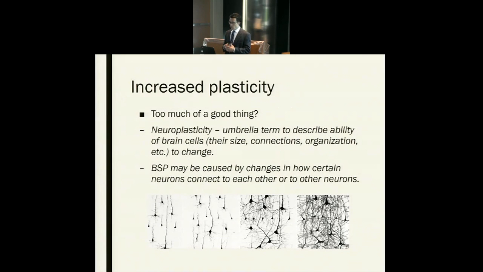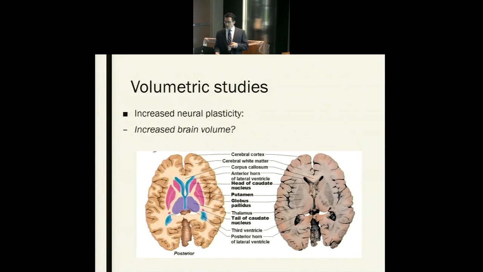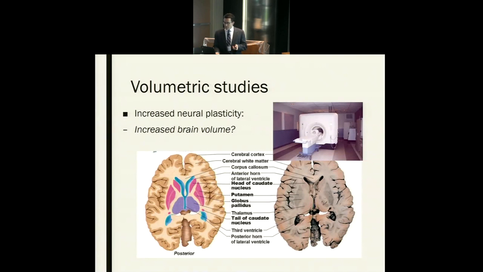And it's thought that blepharospasm might be caused by changes in how these neurons connect to each other, we think an increased neuroplasticity. And so does that manifest as changes in brain volumes?